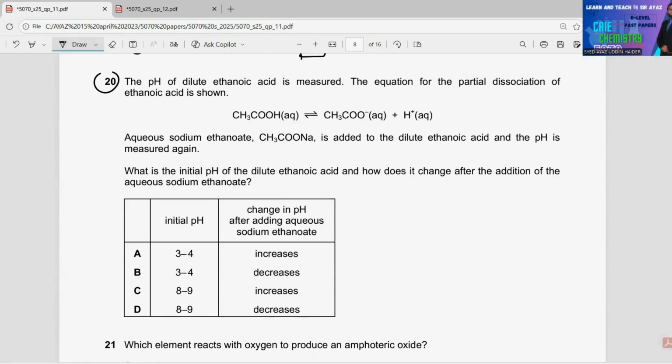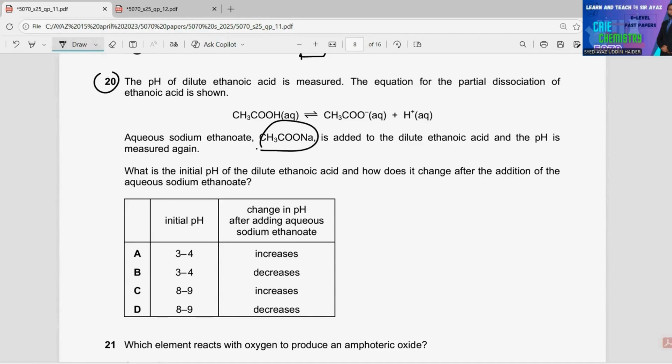What will happen if you add sodium ethanoate? If you add sodium ethanoate, the pH must be increasing as it will shift the equilibrium to the left hand side, not the right hand side.